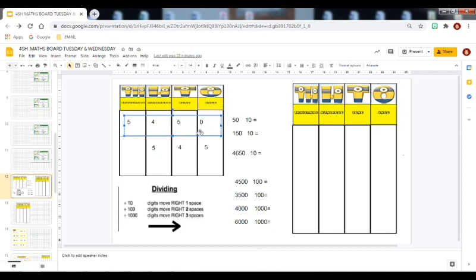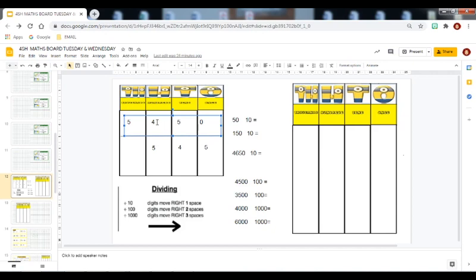Now I'm going to decide that I would like to divide that by 10. So my 0 in the ones, there's no place on the grid for it. You can see that my 5 in the tens has now become 5 in the ones.